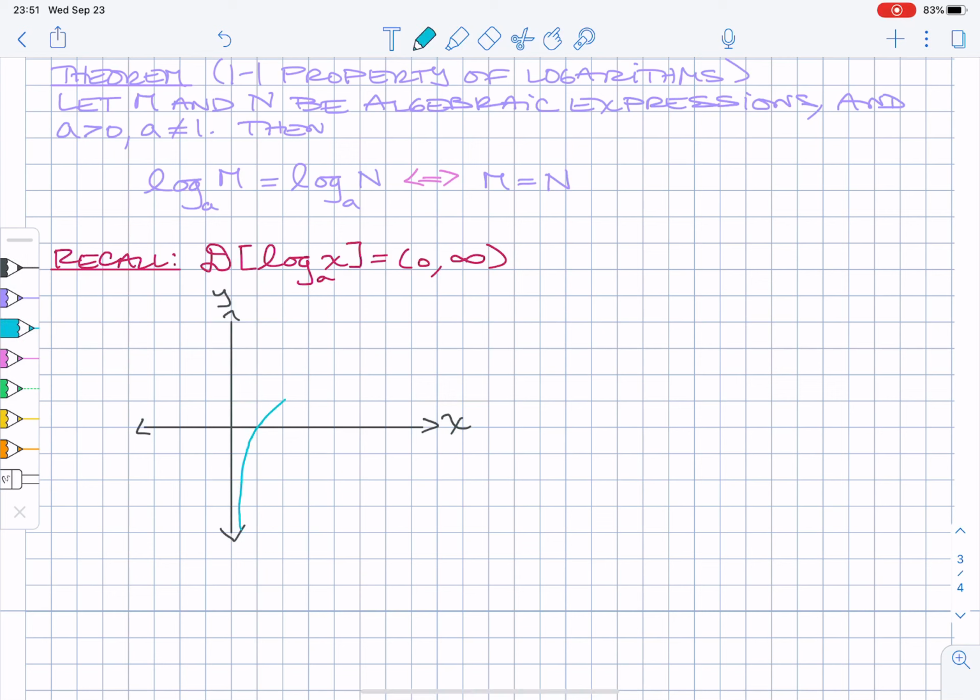Okay, so number 1, let's say we have natural log of 21 is equal to natural log of x plus natural log of the quantity x minus 4.